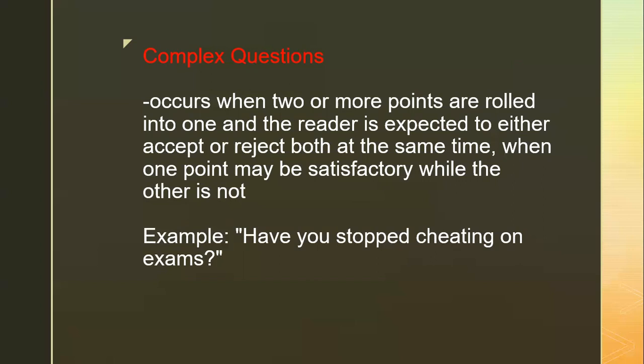Even though it is not yet proven, or there's no incident that you were caught in the act cheating during exams. But the thing is, this question already assumed that you are a cheater or you are already cheating, because this person asks you, have you stopped cheating on exams?